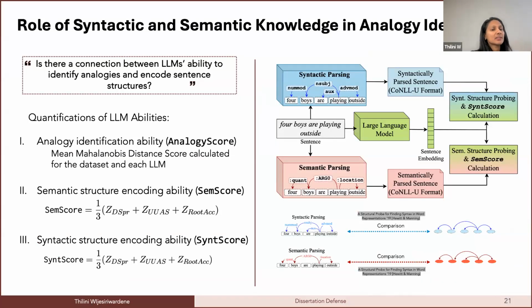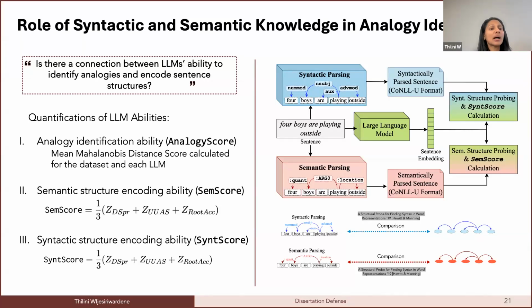This is the question that we ask: is there a connection between an LLM's ability to identify analogies and their ability to encode sentence structures? If they can encode sentence structures in certain ways, are they better at identifying analogies? Initially we wanted to figure out what these results meant in our case. That is why we went through this route.